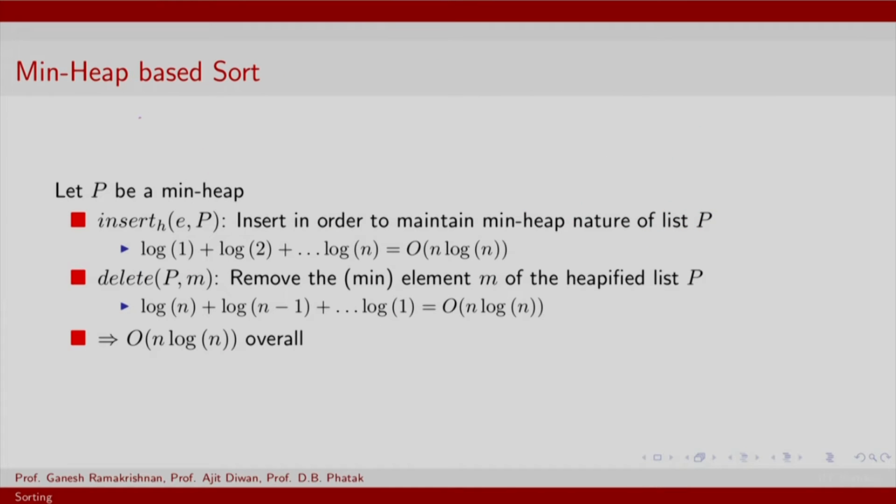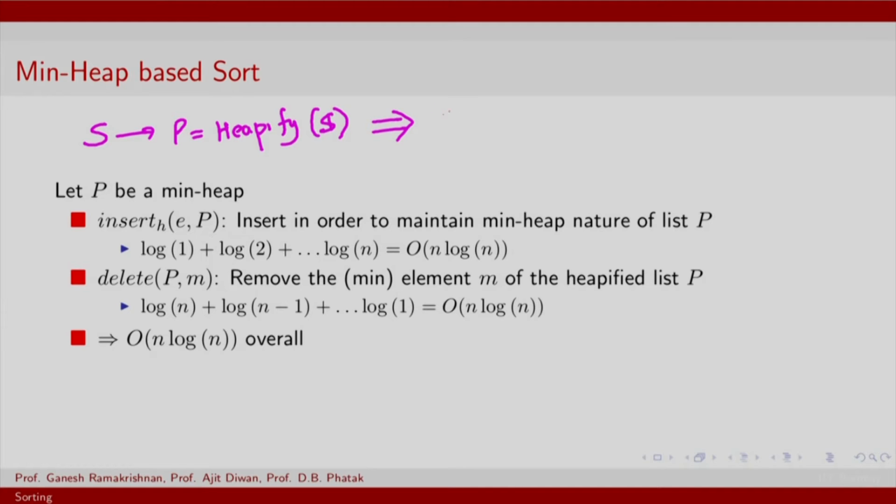So the idea behind min heap sort is to do the following. Given the sequence S, convert it into P by calling the heapify function on S. Once we have that, you could use P to recover S as follows.